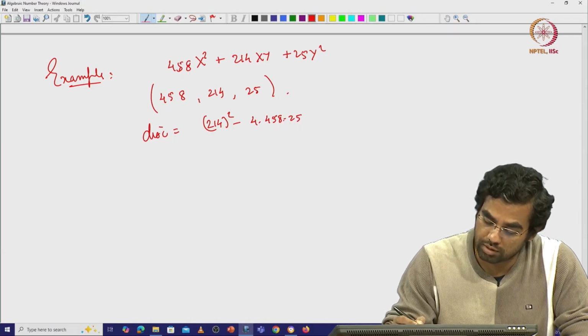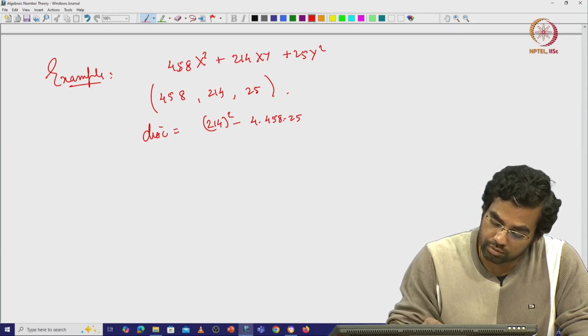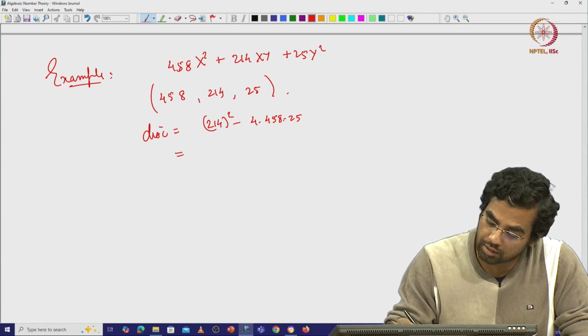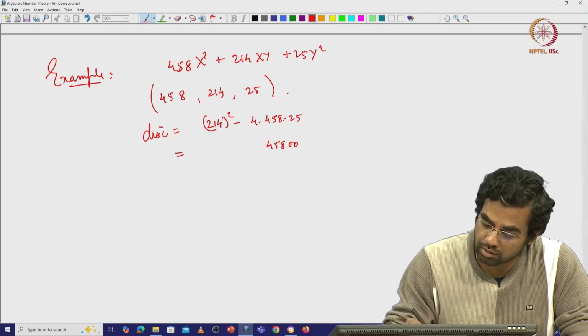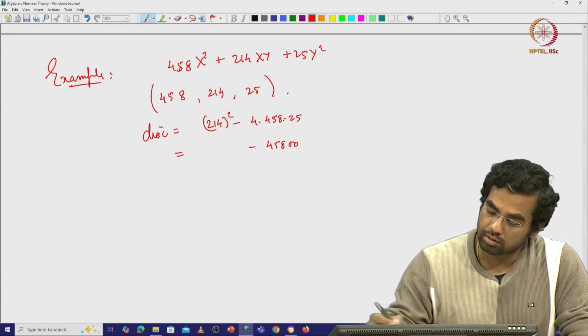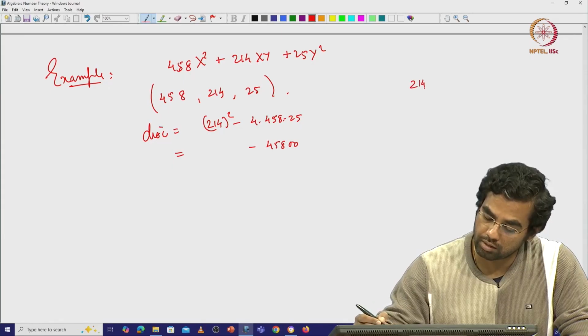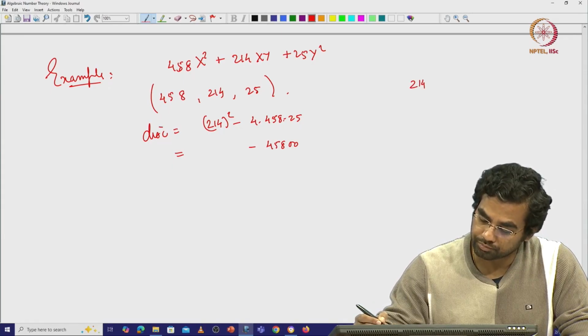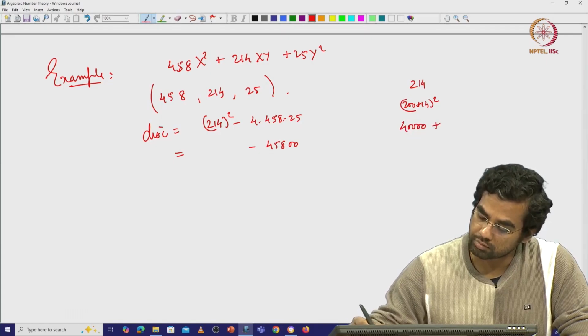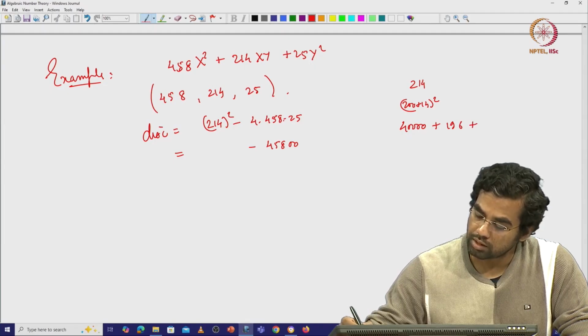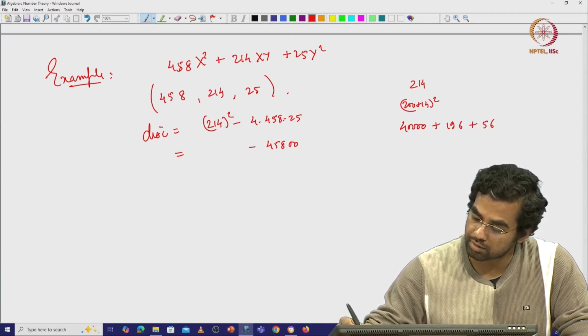So, if you do this, you will get 45800 here, and then 214², which is (200 + 14)², which is 40,000 plus 196 plus 28 into 200, so 5600.